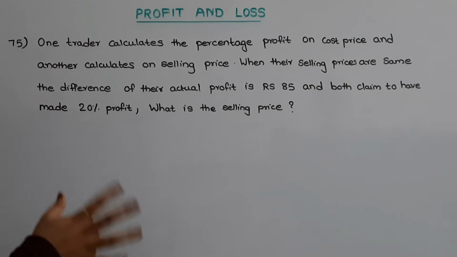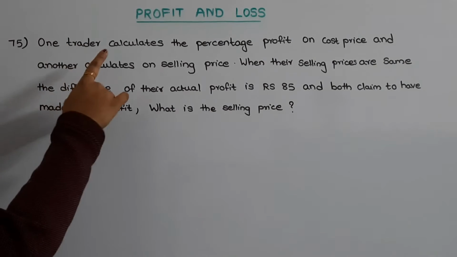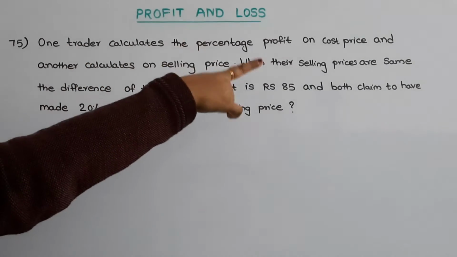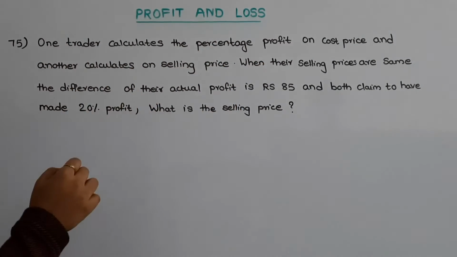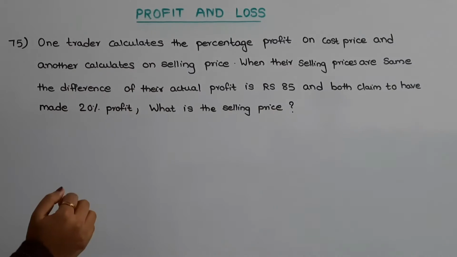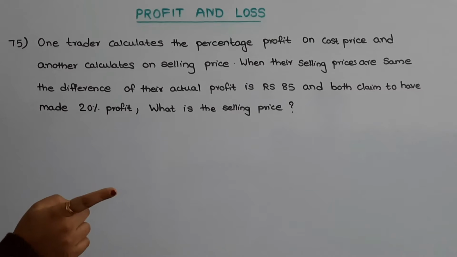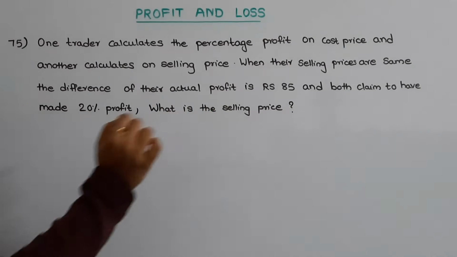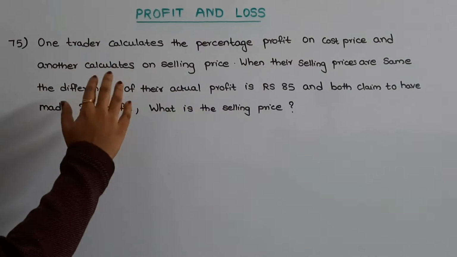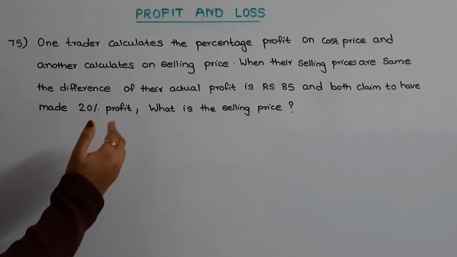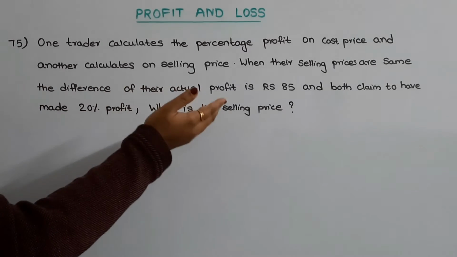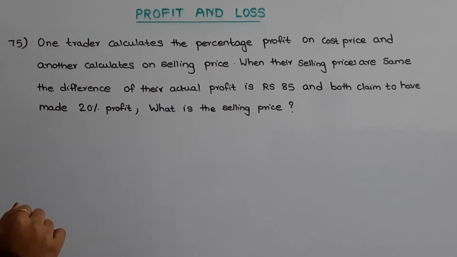But in this question, one trader calculates the profit percentage on cost price and another calculates with respect to the selling price. That profit percentage is given as 20. So we need to calculate the selling price when their selling prices are same and the difference of their actual profit is 85. Let us see how to solve this problem.